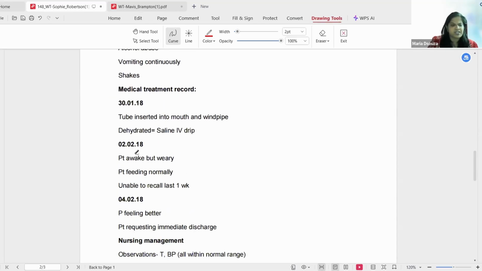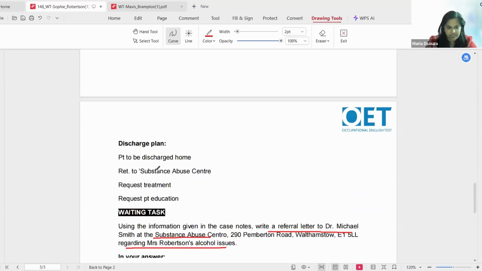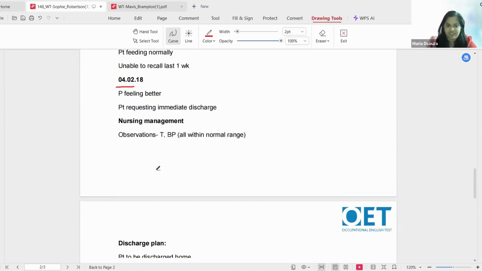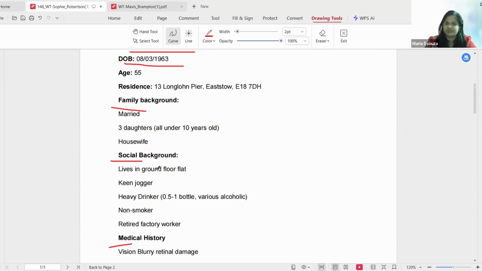A lot of information is given, and the medical treatment record with different dates is also given. Now, can you tell me, whatever information is given here, should I write everything, or is there something I can ignore or leave out? How will I understand whether all information is important or not?